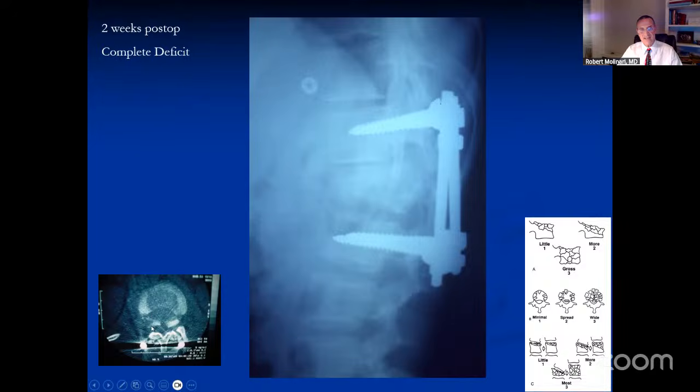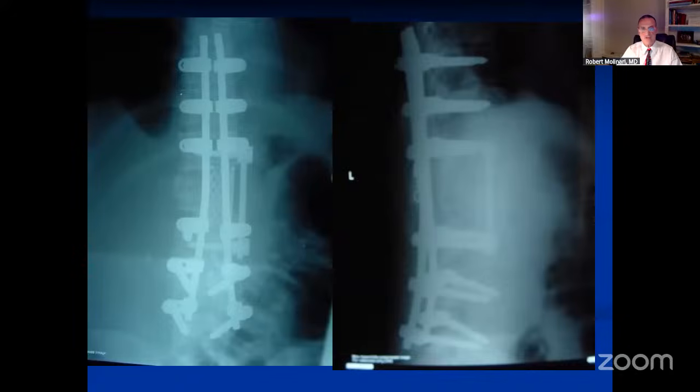The CT scan showed that the patient did not have a decompression from the surgeon, and the patient had a complete paraplegia with an ASIA A defect. So again, just failure. This is how I reconstructed that, put anterior column support in with an anterior posterior construct, but it was too late. The patient was paralyzed because I think the surgeon didn't understand the concept of dynamic compressive loading versus bridge fixation.